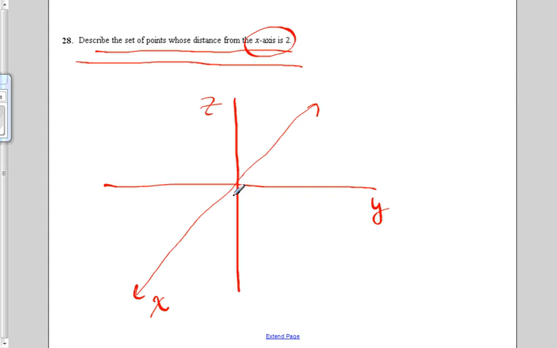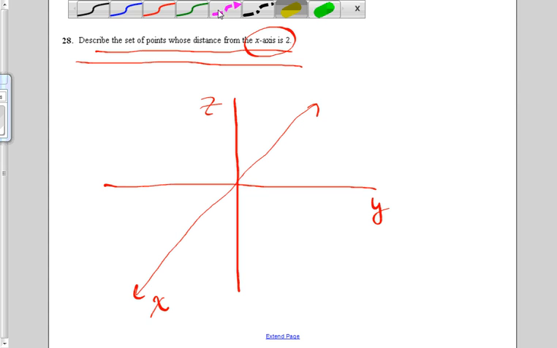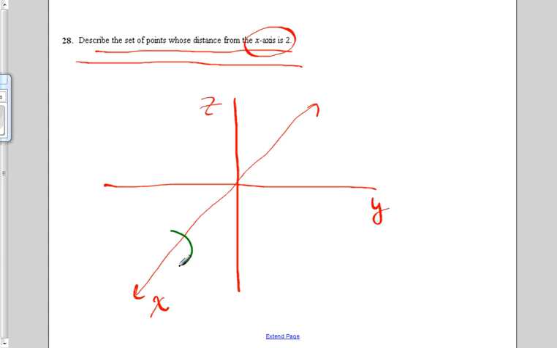So if here's our x-axis, we want, so let's see how well I can draw a plane here. Sorry, we're not drawing a plane. Let's think about what this looks like. The distance from the x-axis is 2. Well, what that's really drawing, let's imagine a circle around the x-axis.